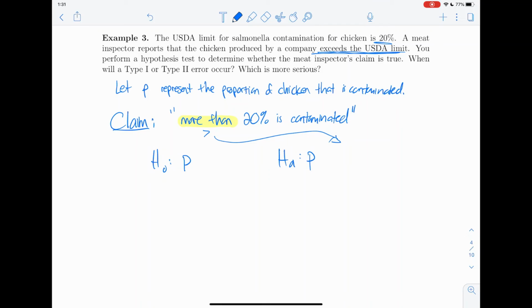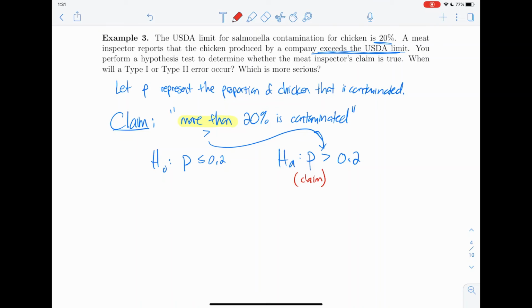So this is going to say P is greater than 20%, otherwise known as 0.2. And the complete opposite of being strictly greater than 0.2 is being less than or equal to 0.2, where here we'll note that the claim made by the health inspector is going to be attributed to the alternate hypothesis.